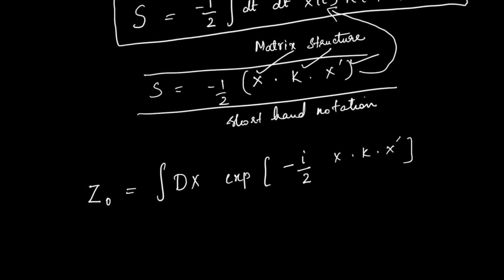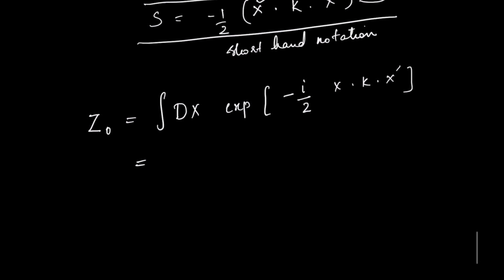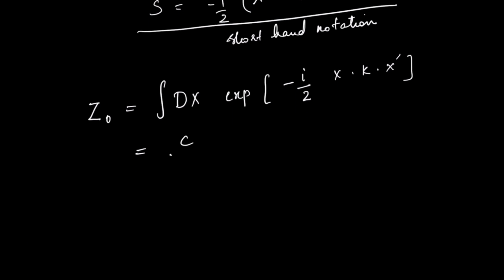S is minus half x k x prime. We have already seen this is a Gaussian integral. It will be c by root of determinant k. If you have something like this, then the answer is c by root of determinant k. We have seen this in the previous class.